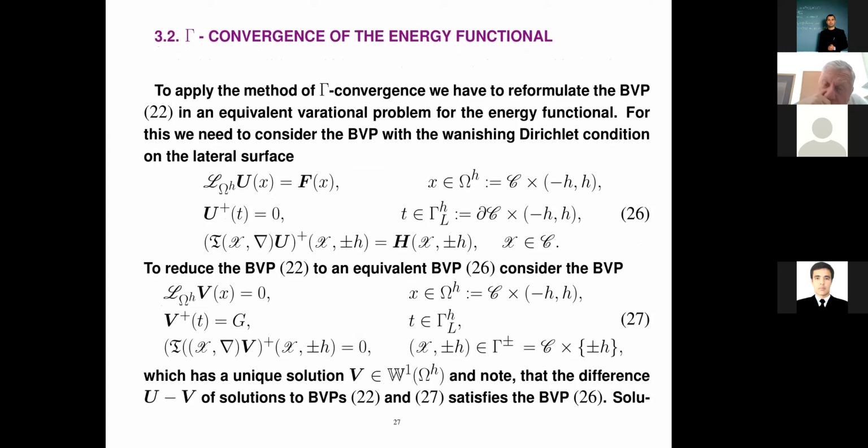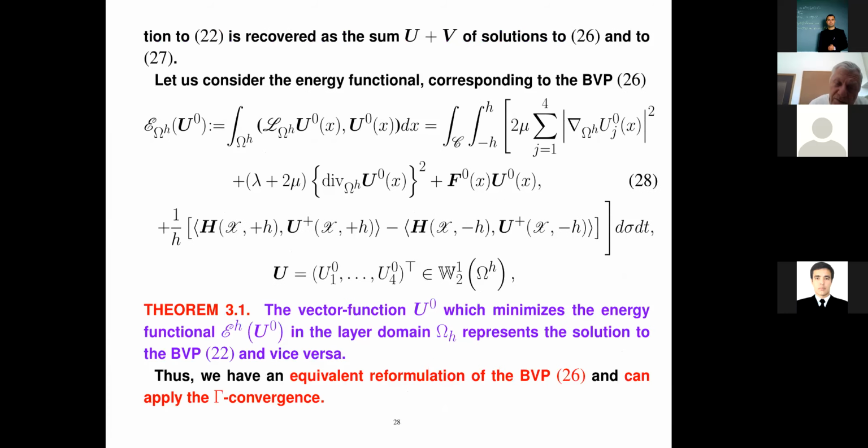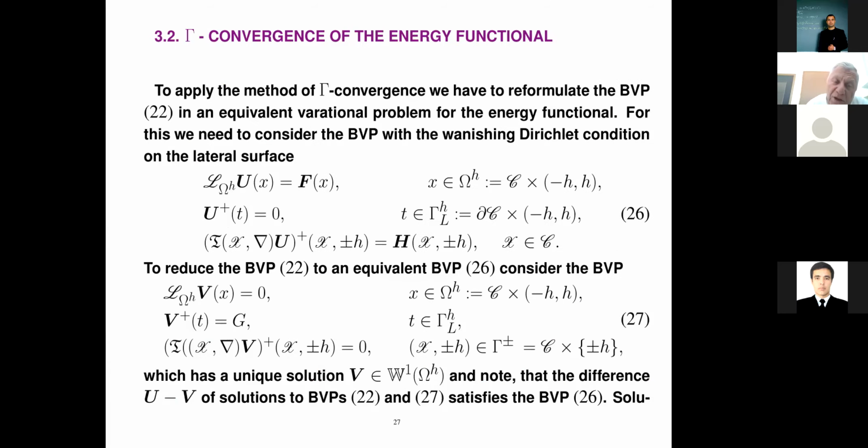Here we have the Lamé equation again, and we can reduce it to the problem where the right-hand side of the equation, instead of f, is 0, of course. That is, we subtract some potential operators and get such an equation. And here is the energy functional, which gives you the following result: the infimum of this energy functional gives you the solution to this Lamé boundary value problem, problem 27.